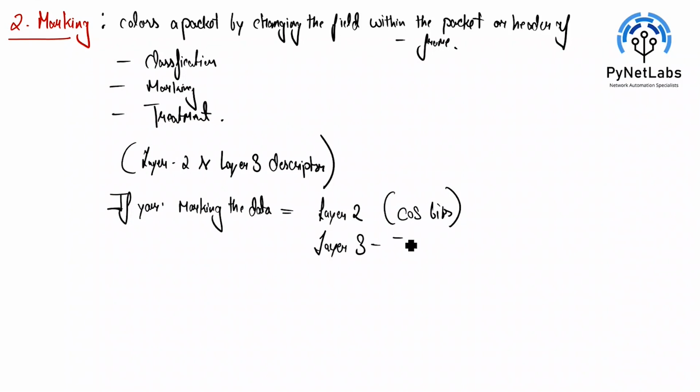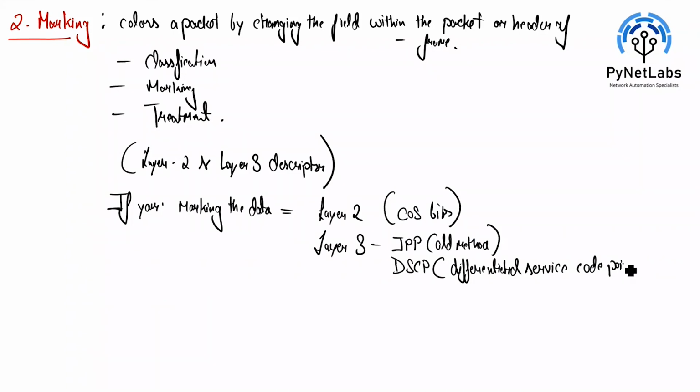We have IPP, which was an old method, which we will not discuss. And we have another, which is DSCP, which I already mentioned. What is DSCP? DSCP is Differentiated Services Code Point.